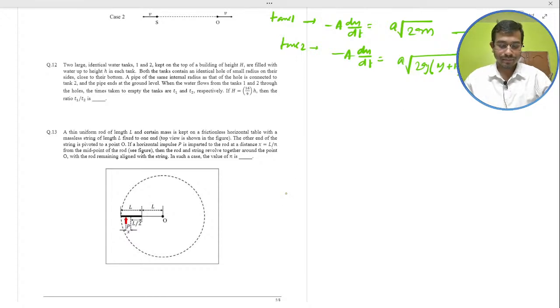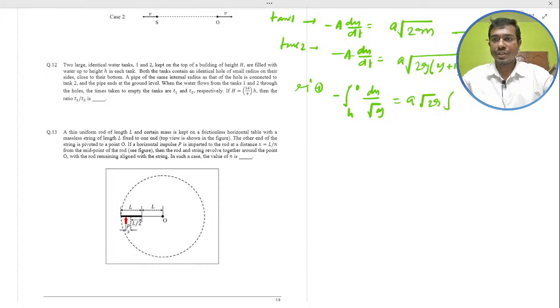So from 1, simple. From equation 1, that the minus integral h to 0 dy by square root of y is equal to a square root of 2g integral 0 to t1 dt. You would get the value of the t1 is twice square root of h divided by square root of 2g.